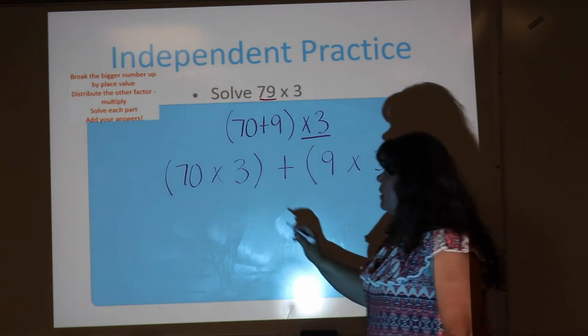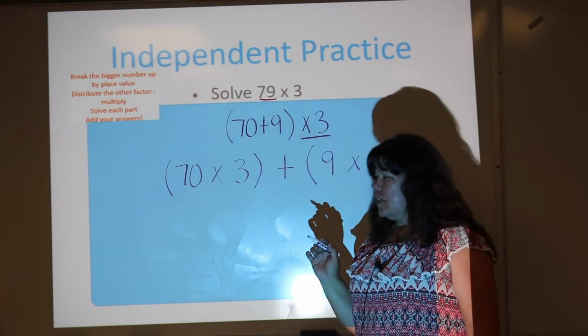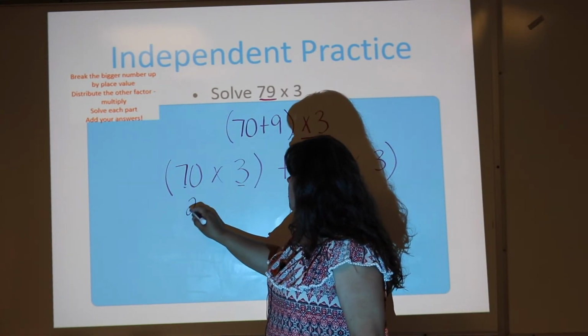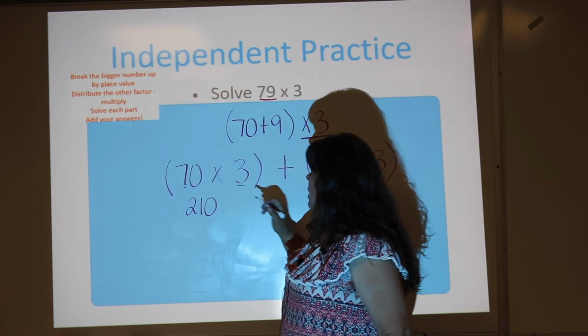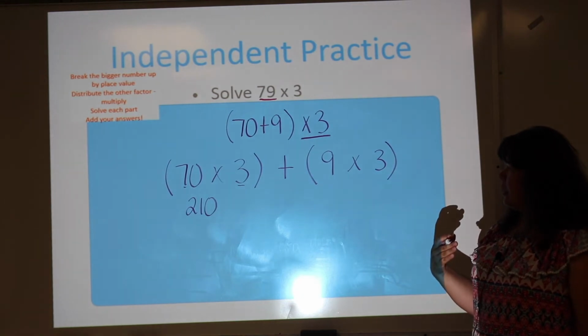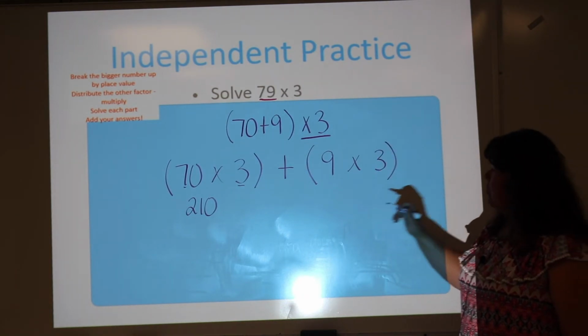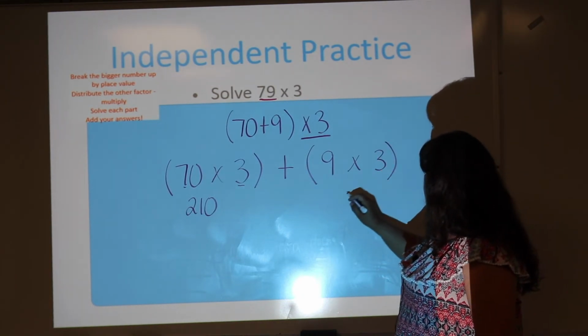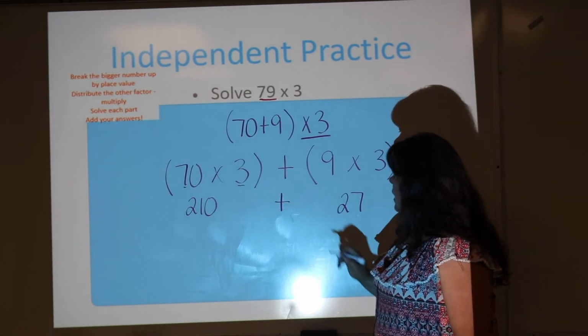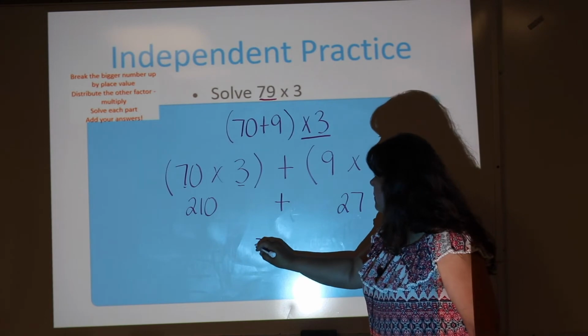Okay, we haven't learned this yet, it's going to be later on, but if you have 3 times 7, I know it's 21, I'm adding a 0. It's just something you guys will probably learn next year, not so much this year. But I could do arrays, it would take me a while. 9 times 3 is 27, and I'm going to add those up together to get my answer.